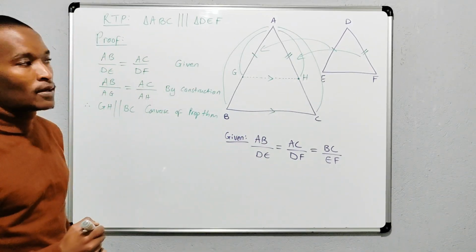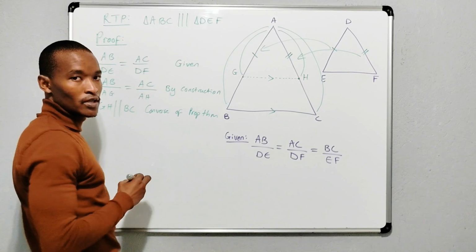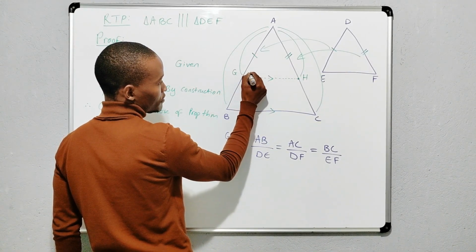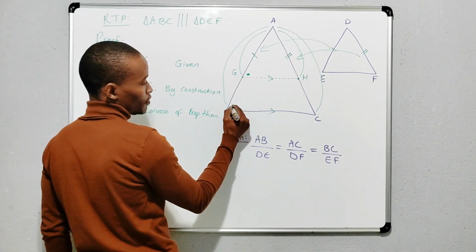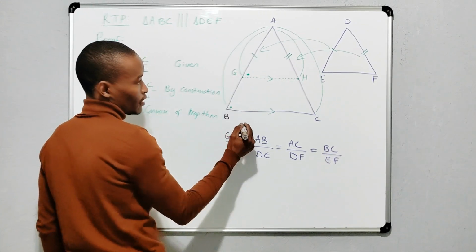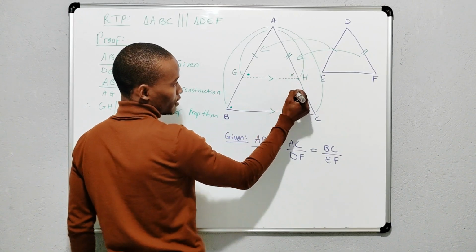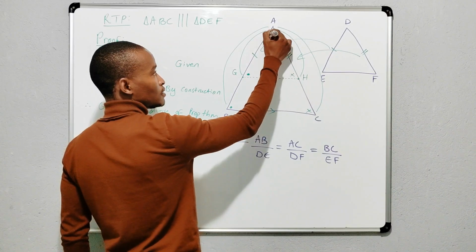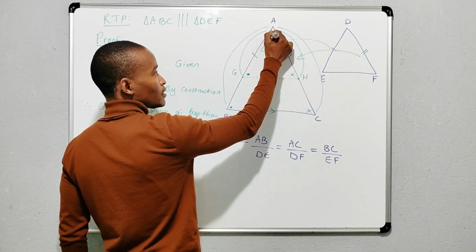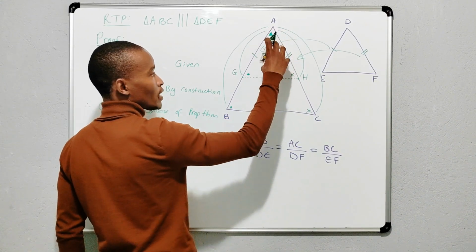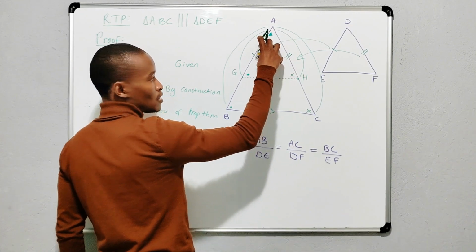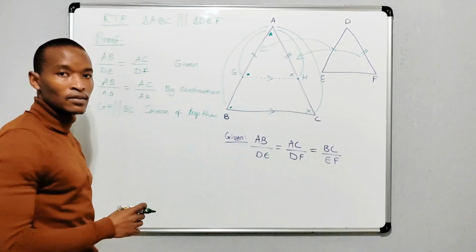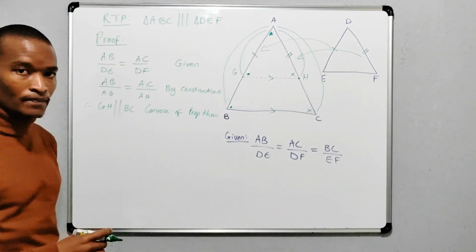What type of angles will therefore result? We will now have this angle equal to that angle, and that angle equal to that angle, and that will be the common angle, meaning that triangle AGH will be similar to triangle ABC.